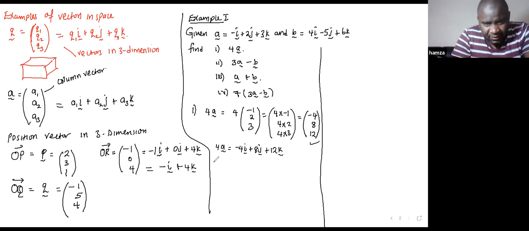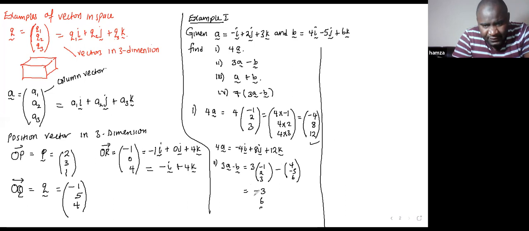Then the second case, Roman 2, 3a minus b. It means multiply vector a by 3, which is -1, 2, 3, and then subtract vector b, which is 4, -5, 6. You realize we have -3, 6, 9, minus 4, -5, 6.